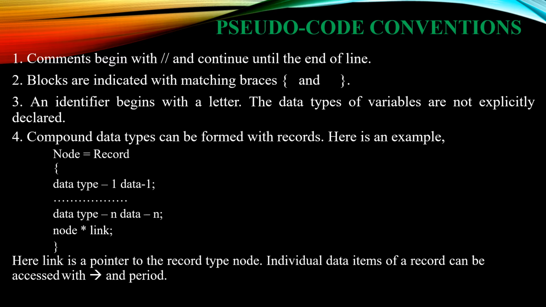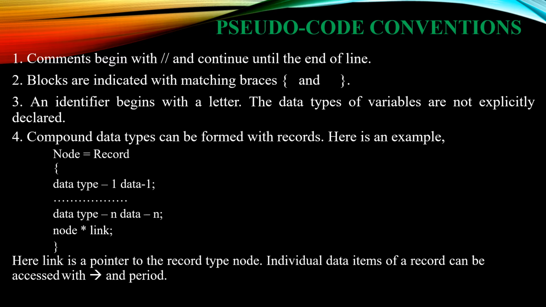The second convention is blocks. Blocks are indicated with matching braces, the opening flower bracket and the closing flower bracket. The third convention is that an identifier begins with a letter. What is an identifier?